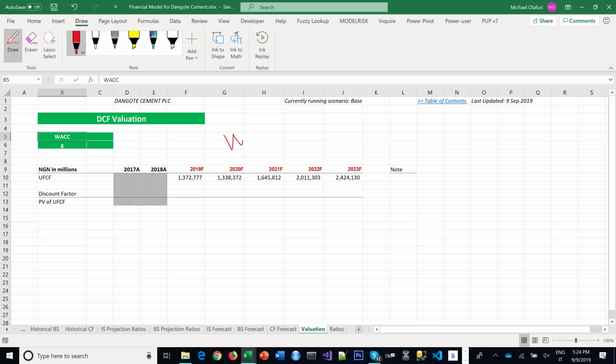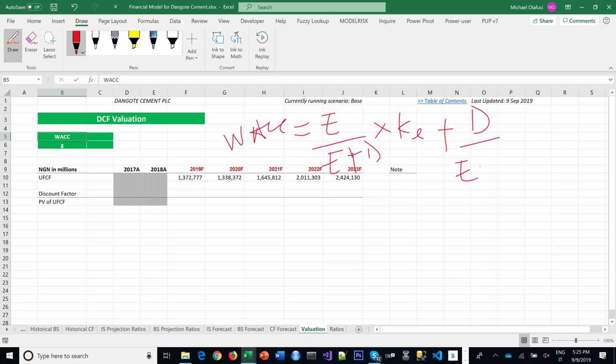So WACC is equity over equity plus debt times cost of equity, plus debt over equity plus debt times cost of debt, and because of the tax cover you get with debt, times 1 minus t. Okay, so this is the formula.